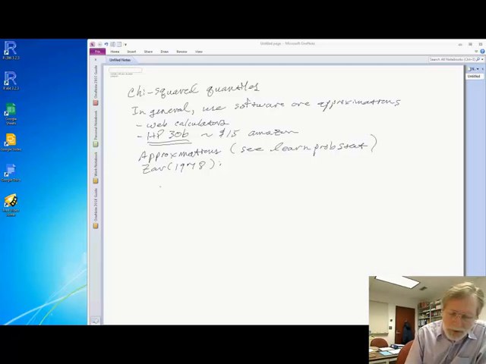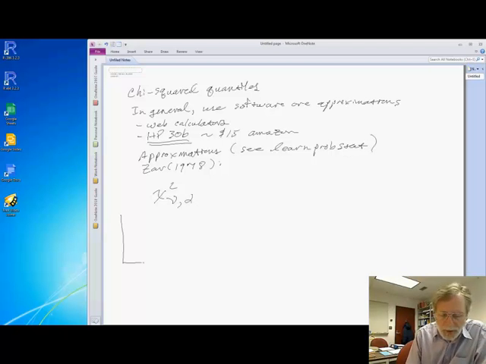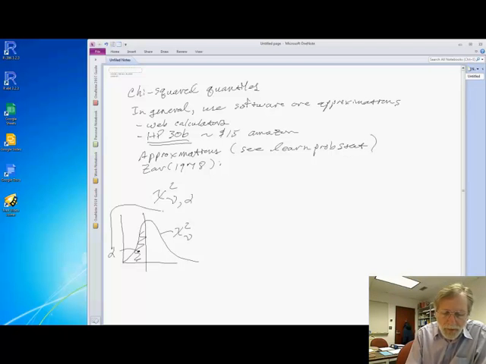So let's say you want to approximate the chi-squared with nu degrees of freedom at the probability alpha. So this, by the way, is the chi-squared with nu degrees of freedom, and this is the value alpha right here.